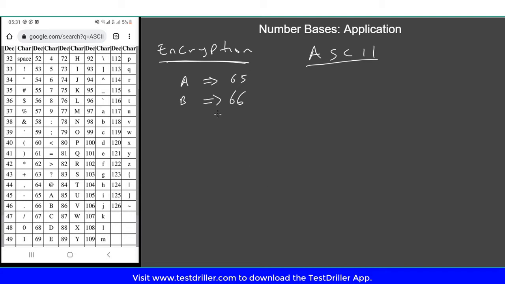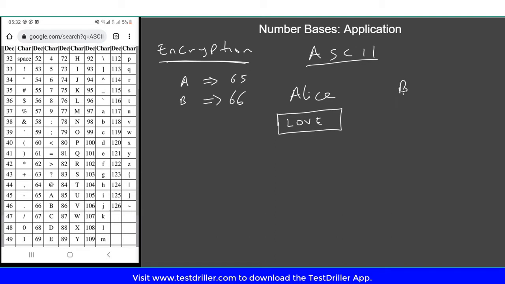Now, given these numbers, how can we secure information before transmitting to a receiver? Let's think about it this way. Let's say you have Alice here. Alice has information that needs to be sent, and let's say that secret information is love.